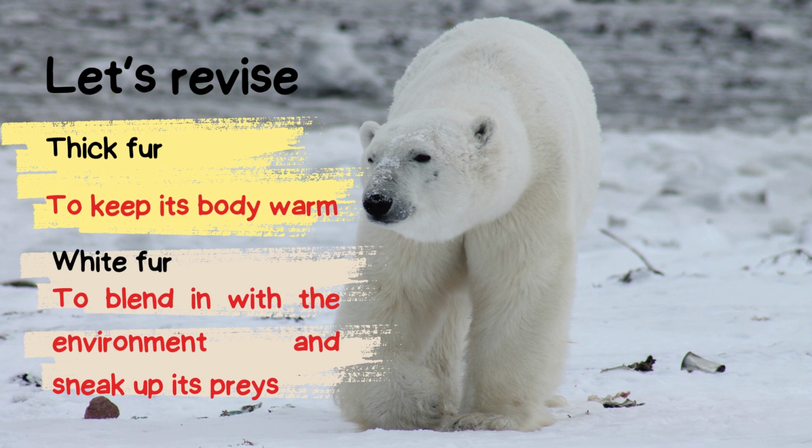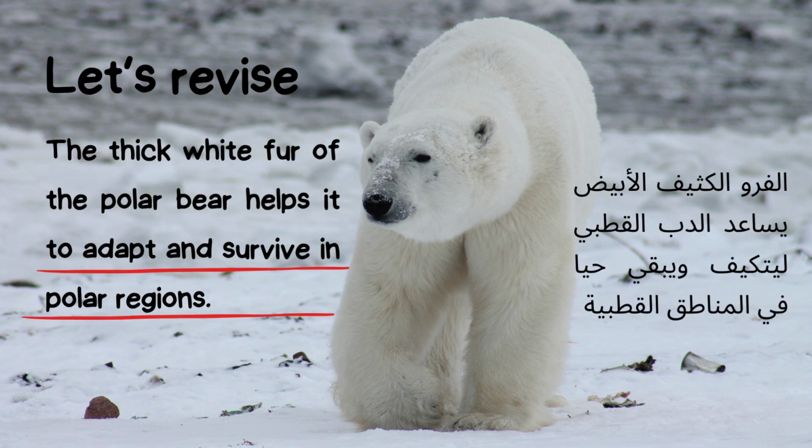Also, this fur has the color white. Why? Yes, to blend in with the environment and sneak up on its prey, and this is the camouflage. So, the thick white fur of the polar bear helps it to adapt and survive in the polar regions.